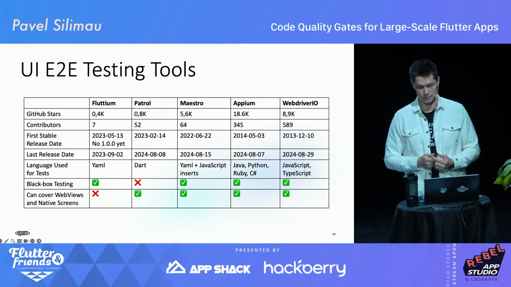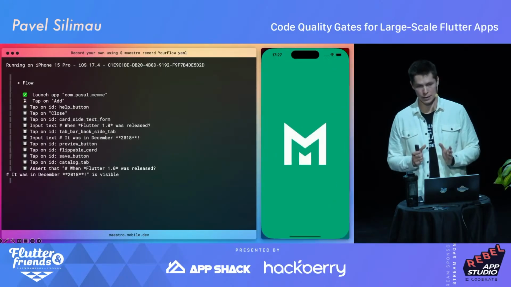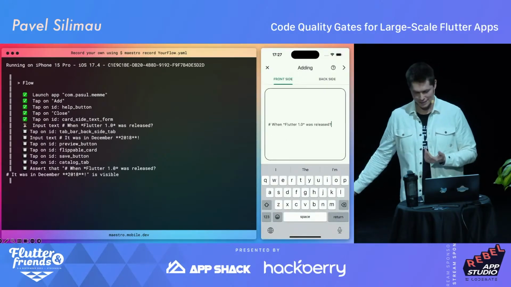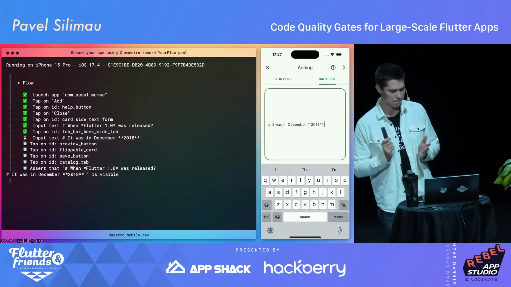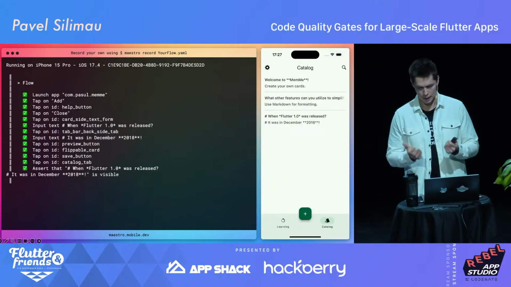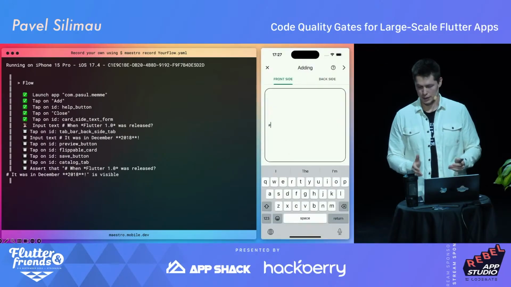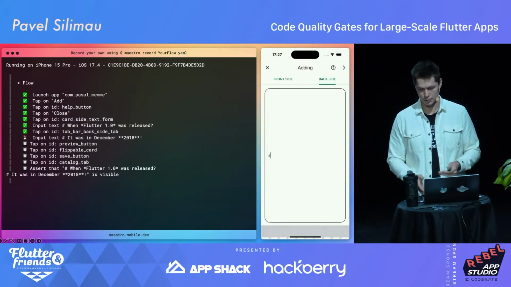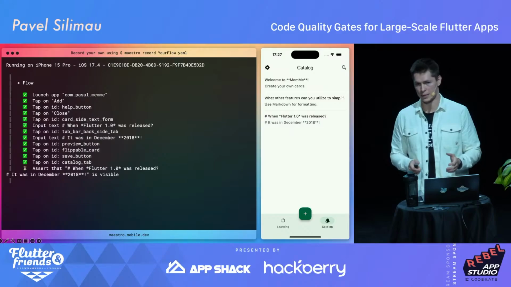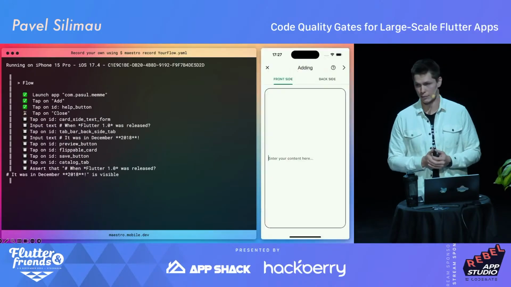Just to give you the notion of how easy it can be to write an end-to-end integration test, I decided to wipe the dust off one of my pet applications, which I released almost 5 years ago. It took me literally less than 20 minutes to install Maestro on my laptop, to play a bit with Maestro Studio, where I could inspect the UI elements of my application, and then write this test in the YAML format.